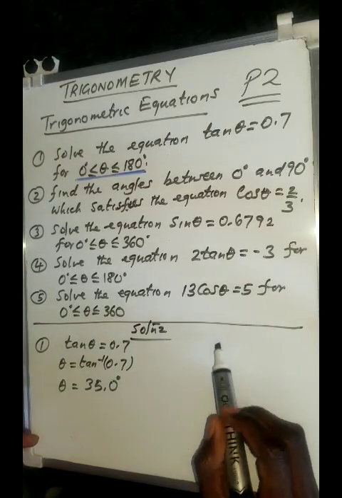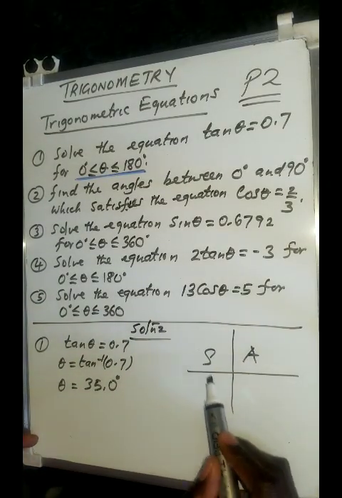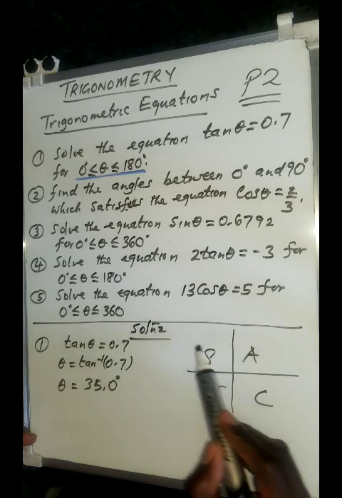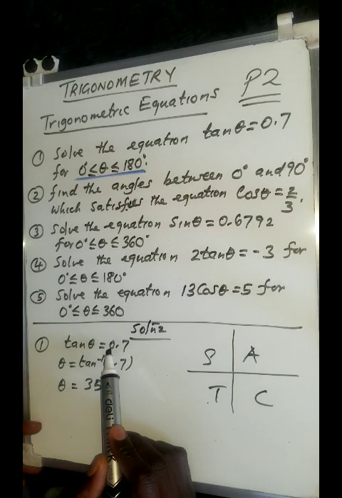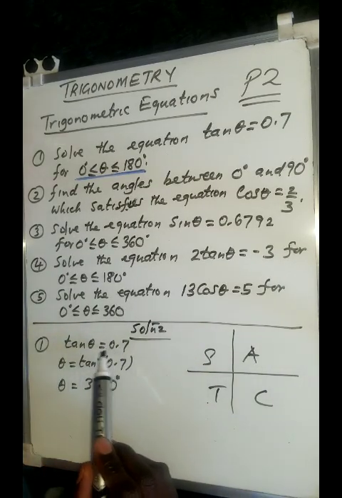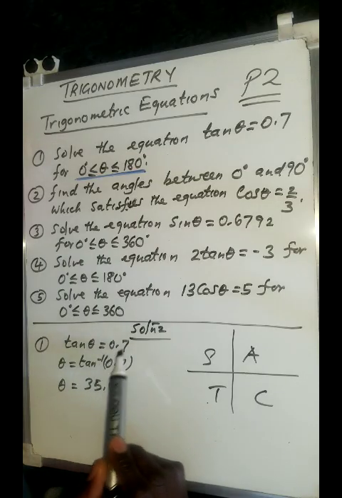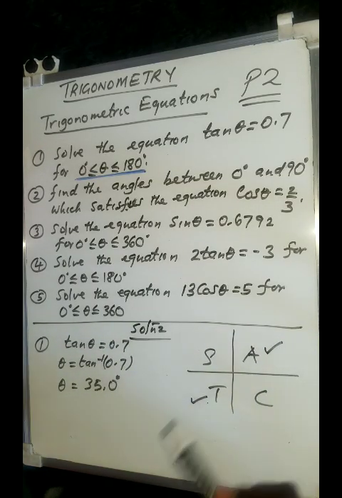All right, so you go back and put up your quadrant. Remember, all students take coffee: first quadrant, second quadrant, third quadrant, and fourth quadrant. Since tan is positive, where will our theta lie? It's in the first quadrant and in the third quadrant.